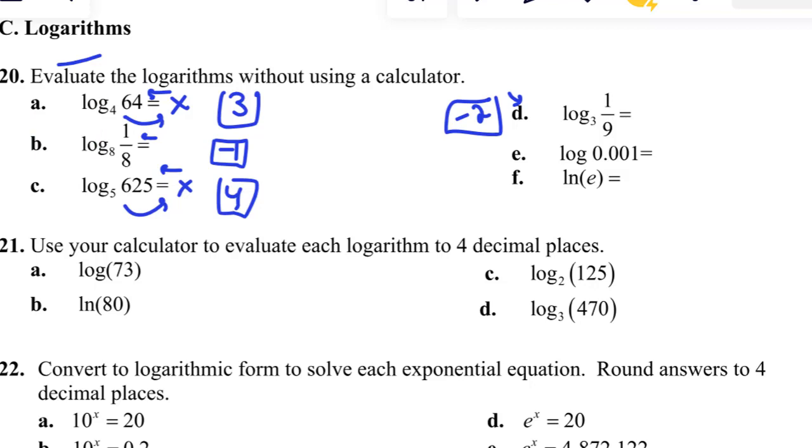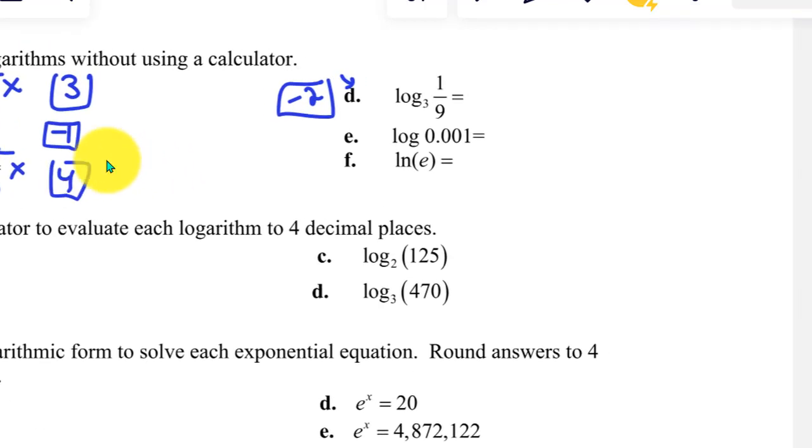Okay, so 20E, I will write this as x. And remember, if they don't write anything under log, it's in base 10. So think of this as 10 to the x equals 0.001.